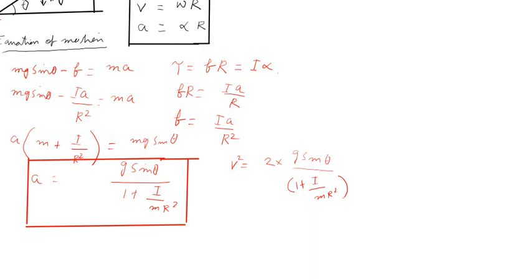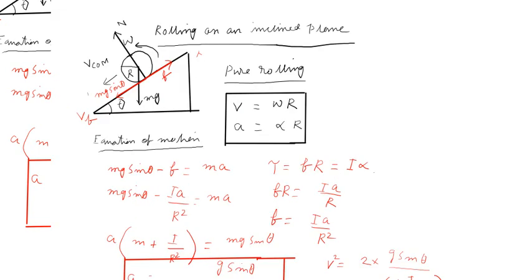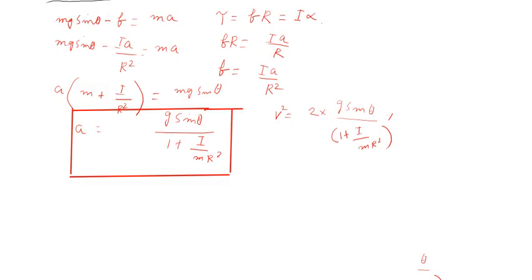and its displacement along the plane, as you can see, if this height is h, its displacement along the plane in terms of this height h and theta will be h by sine theta. So we multiply by h by sine theta.